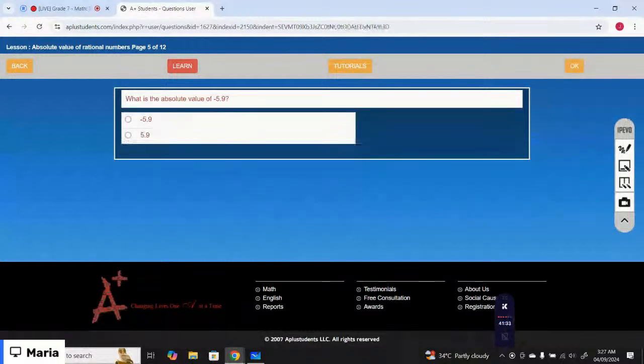What is the absolute value of negative 5.9? The correct option is 5.9, right?